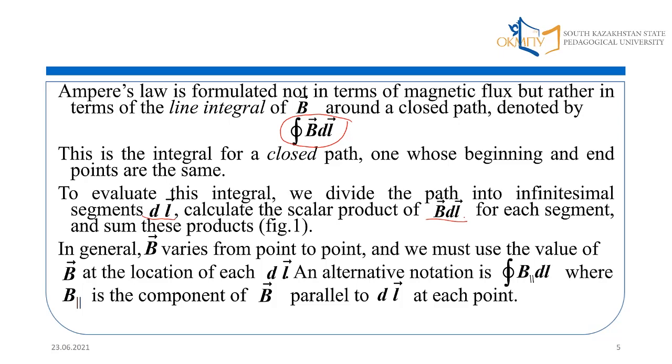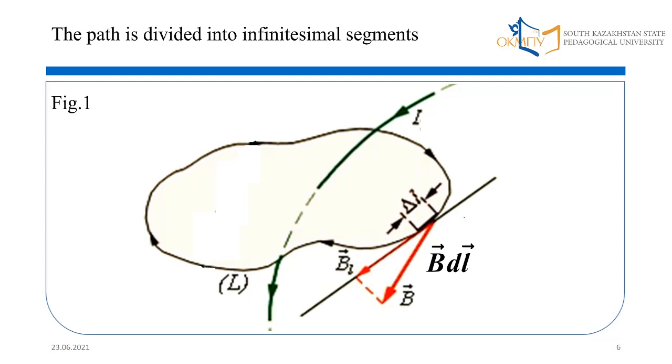which is shown in figure 1. So here we have the current-carrying conductor, and we know that the magnetic field is produced around it.